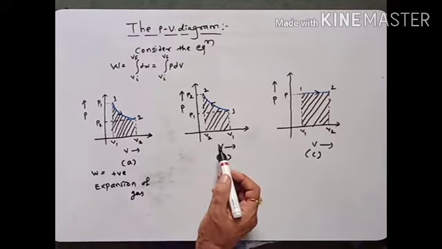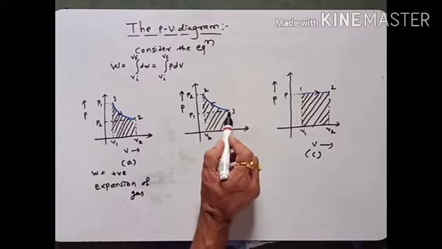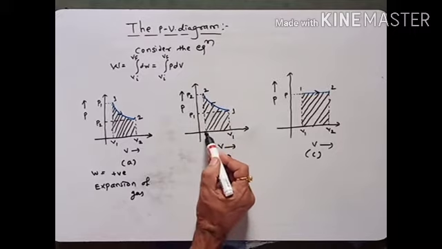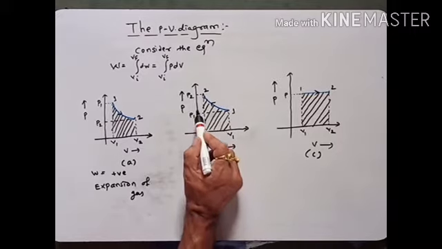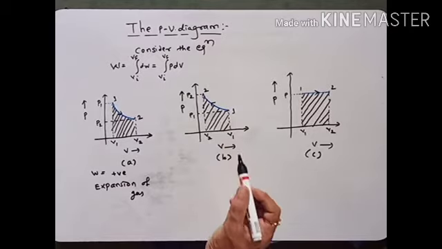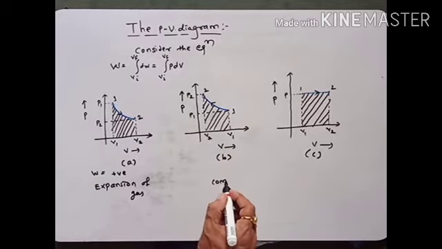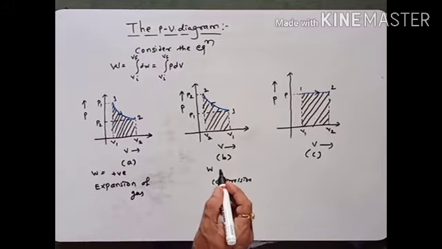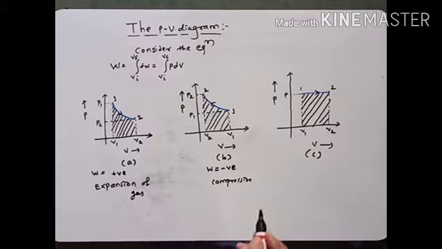In the second case, in figure B, the state changes from 1 to 2, that means pressure changes from P1 to P2, volume changes from V1 to V2, but here pressure increases and volume decreases. That means there is a compression of gas, and the work done by the gas is negative.